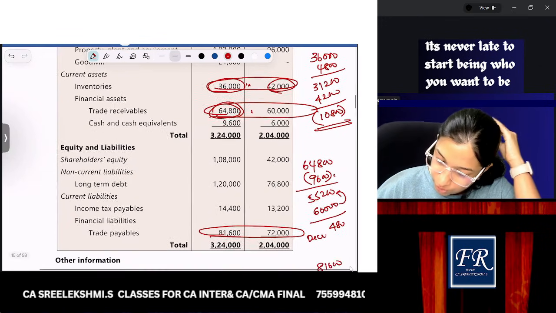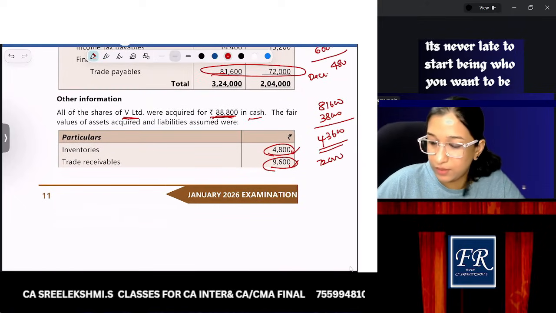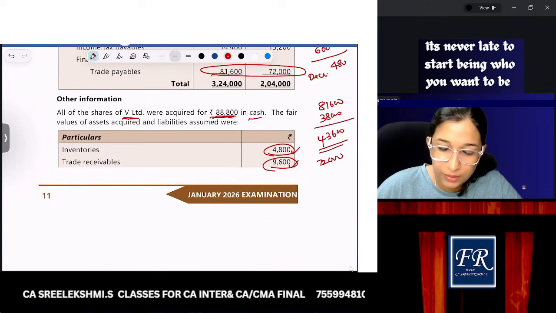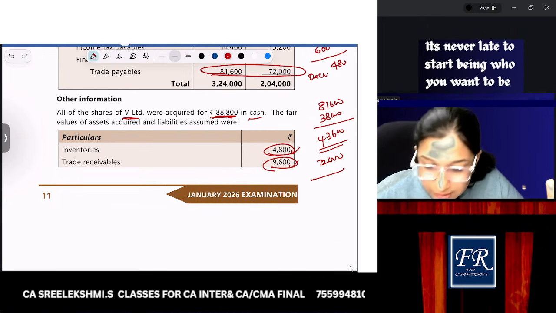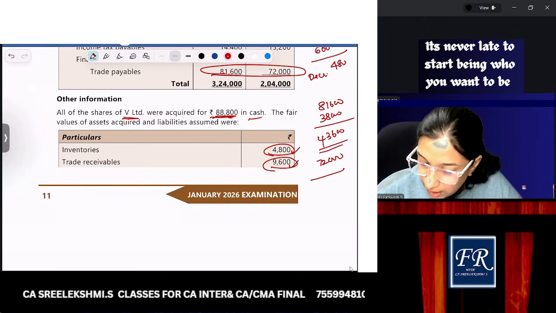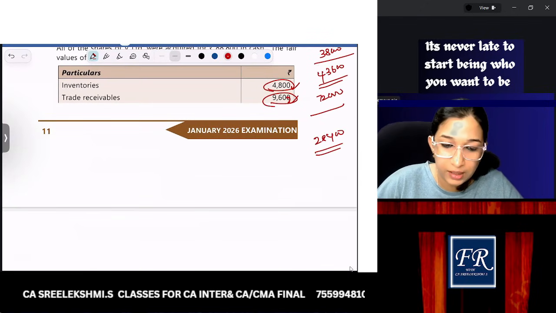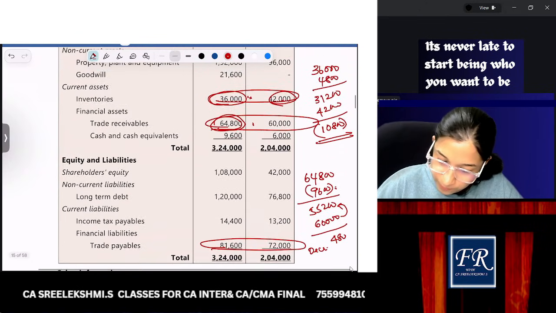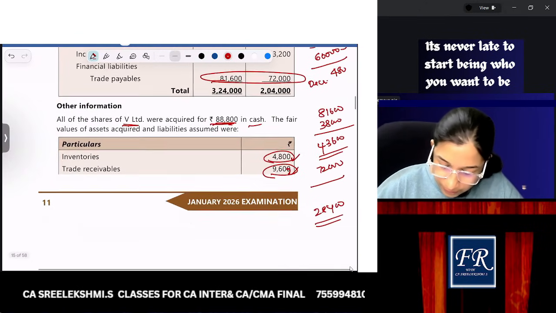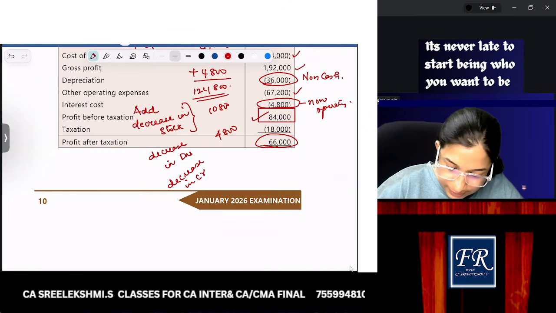Opening is 72,000. So 72,000 minus 43,600, the decrease is 28,400. Decrease in creditors is to be deducted. Less 28,400.